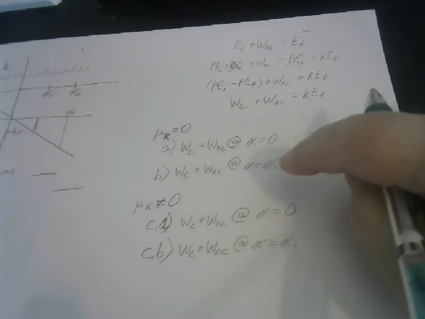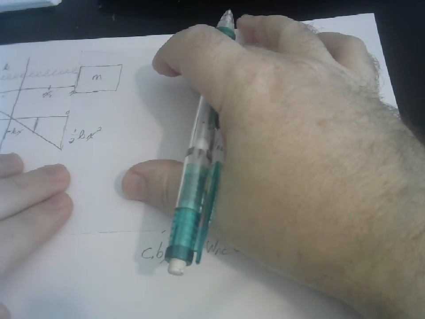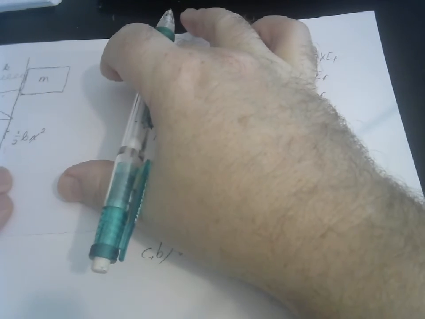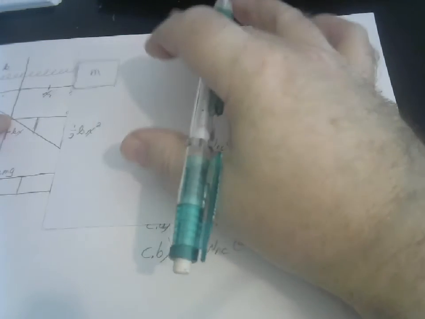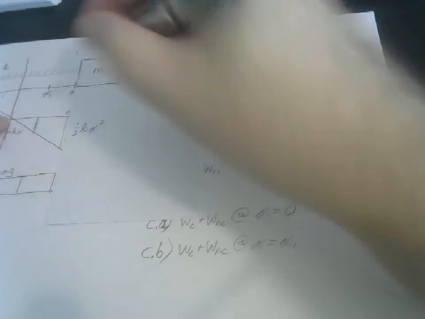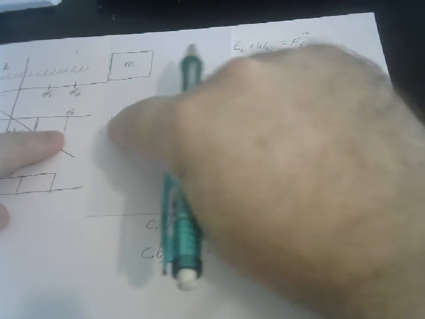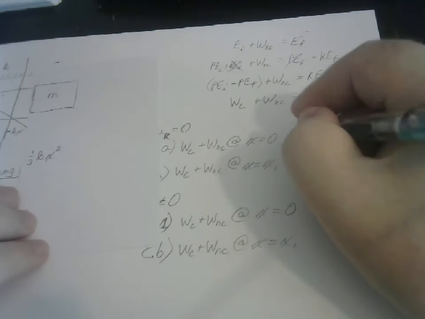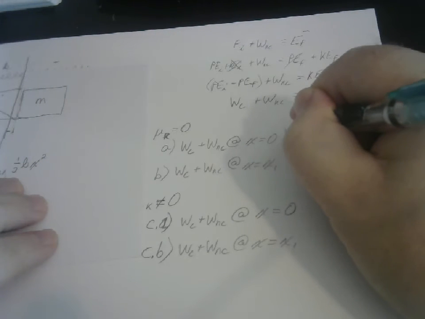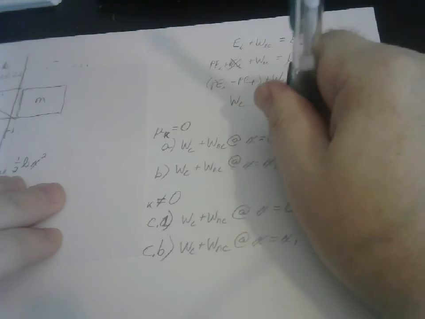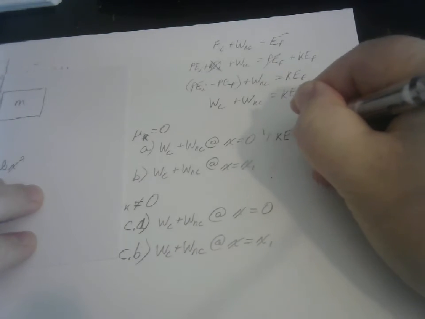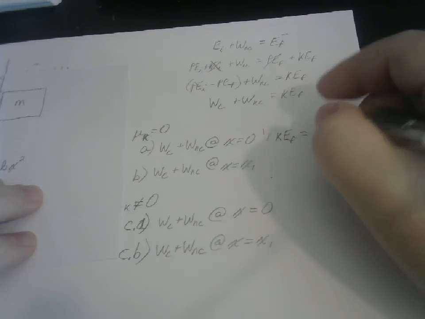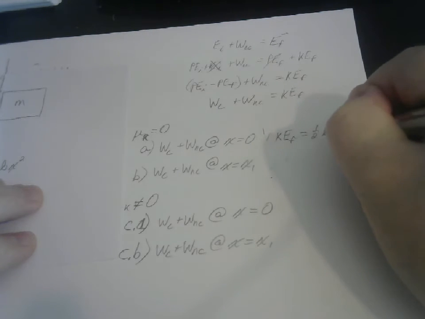Okay, so when we let the mass go from here all the way to here, the kinetic energy in the system should be equal to the original potential energy of the spring, which would be 1/2 k x2 squared. So delta K, or kinetic energy final, will be 1/2 k x2 squared.